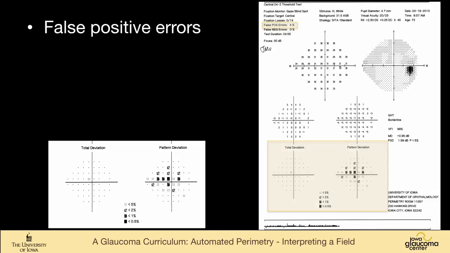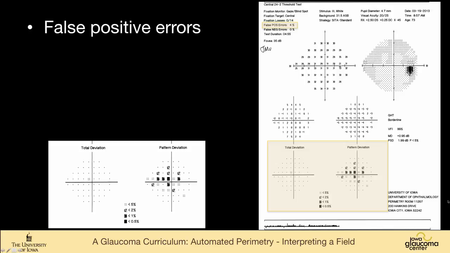And here's an example. You can see on the right-hand slide at the top, it says 4% false positive errors. And what you notice, and one of the things that should be a real clue to you about false positivity, is the fact that the total deviation is normal. So that's comparing this person with another person who's also 73 years old.